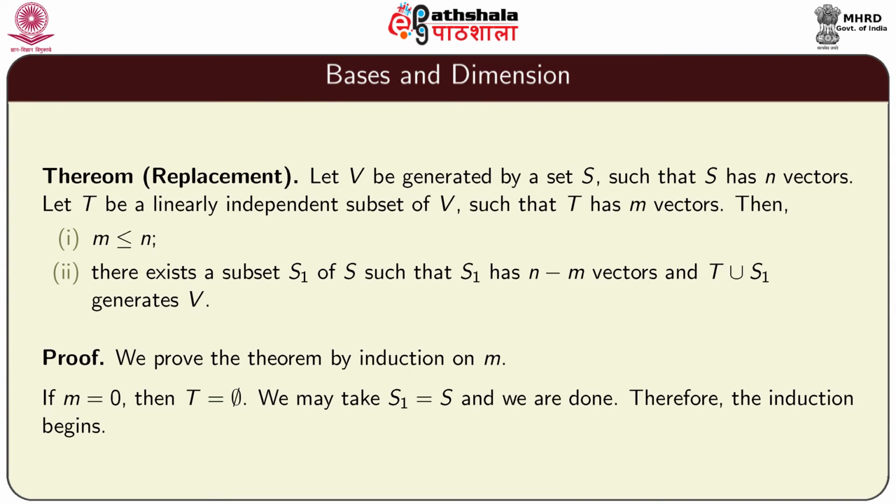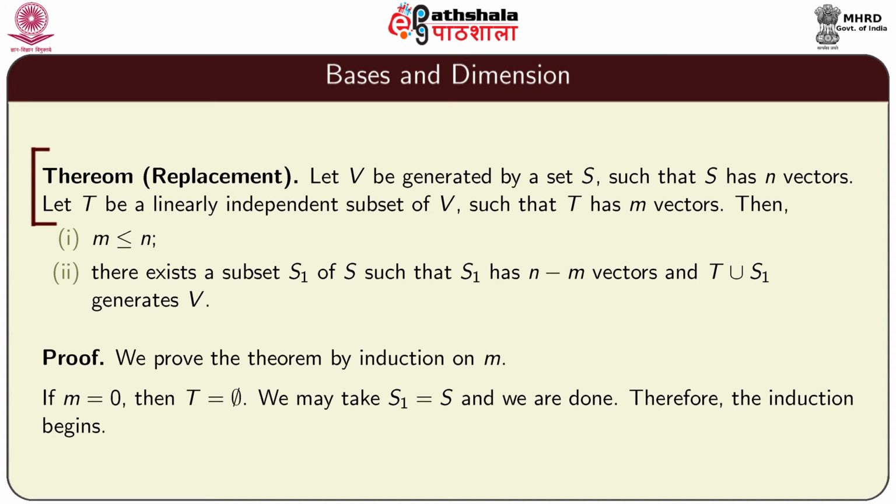We now prove the replacement theorem, which says the following. Let V be a finite dimensional vector space over a field F generated by a finite set S which has n vectors.